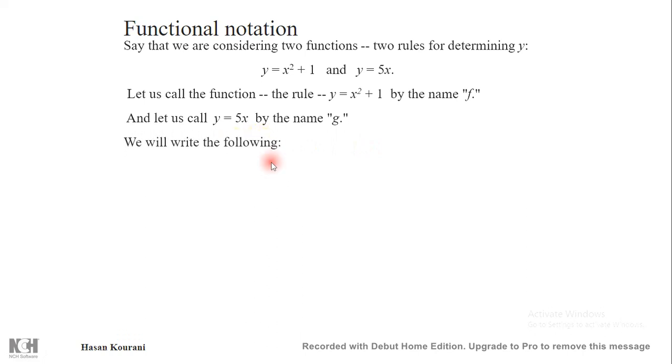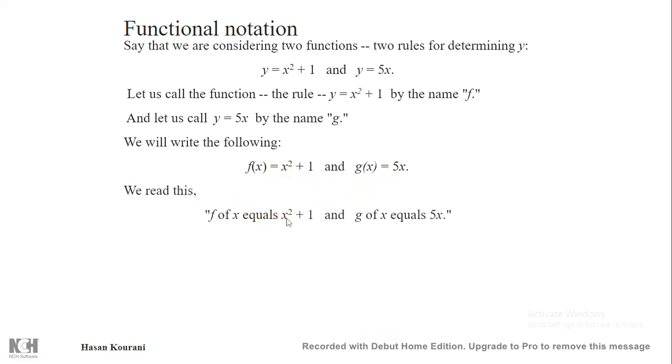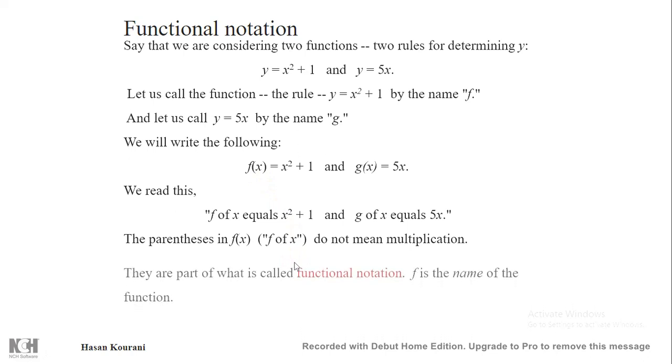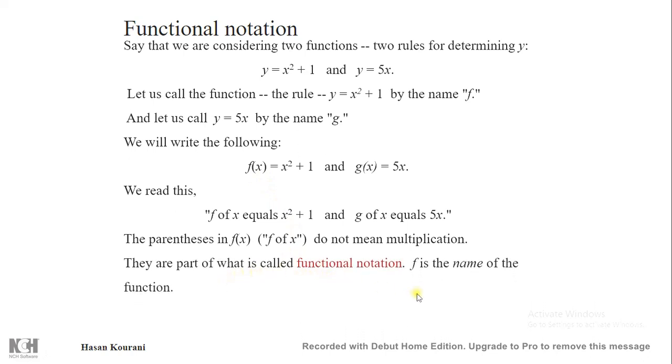We write the following: f of x equals x squared plus 1 and g of x equals 5x. We read this: f of x equals x squared plus 1 and g of x equals 5x. Here you have to note that the parentheses don't mean multiplication of f by x. It is read f of x, and they are part of what is called functional notation.